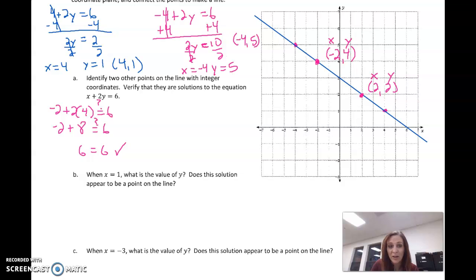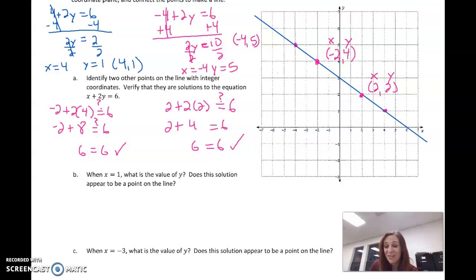So 2 plus 2 times 2 is 4 plus 2, which is 6. Yeah, 6 equals 6. So these two points are solutions. These two points create the line.